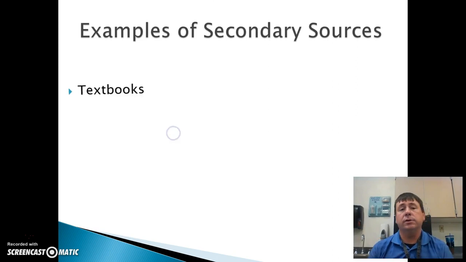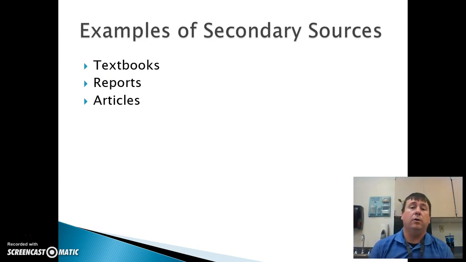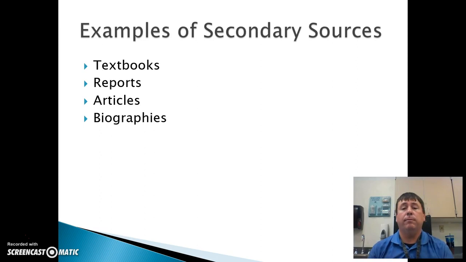Examples of secondary sources. You have textbooks, which we use. Reports. If you wrote a report on the Civil War, you would be a secondary source. We have articles, so periodical articles, things like in Sports Illustrated, those would be secondary sources. Biographies. If you read a biography about Abraham Lincoln, that, for example, would be a secondary source.